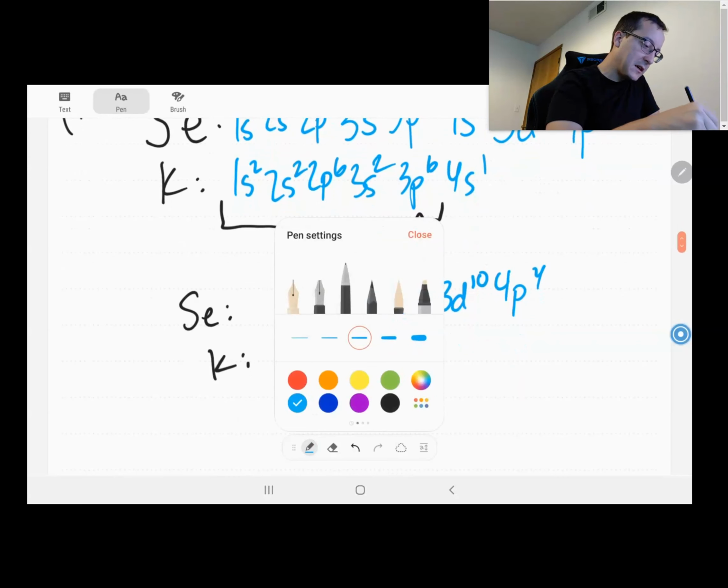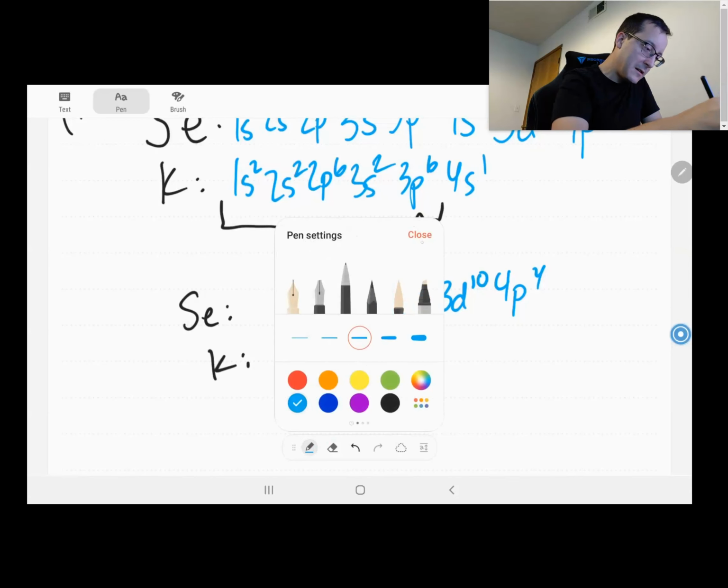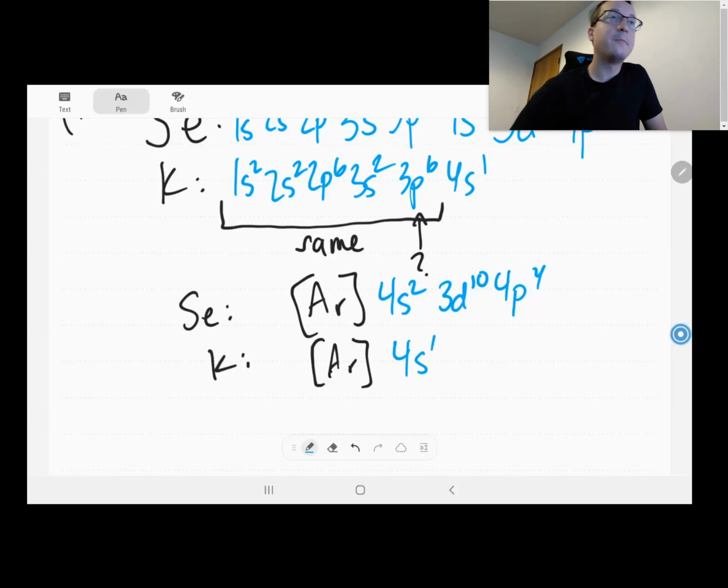And potassium is going to be the same as argon plus 4s1. Yeah, it's the shorter version. You're absolutely correct. Look at how much easier I've made this for you guys.